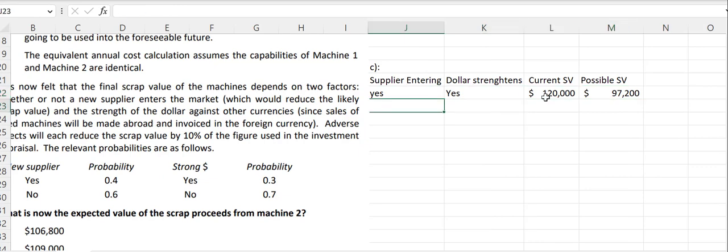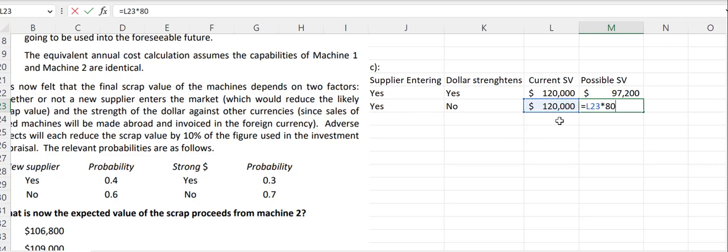The other chance will be that the supplier enters the market but the dollar does not strengthen, right? The current one is 120,000. Just think for a while what we are supposed to be doing. Are we going to multiply it by 90% twice? No, we are not going to multiply it by 90% twice, as only one condition is becoming true. So we'll just multiply it by 90% once.